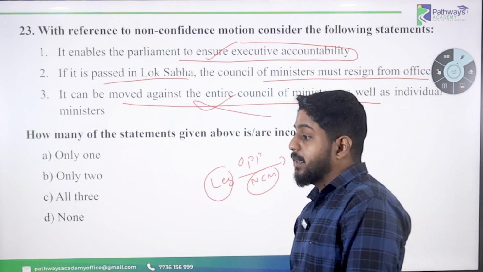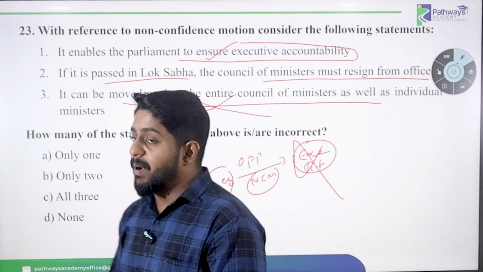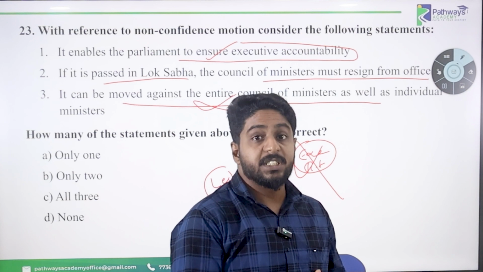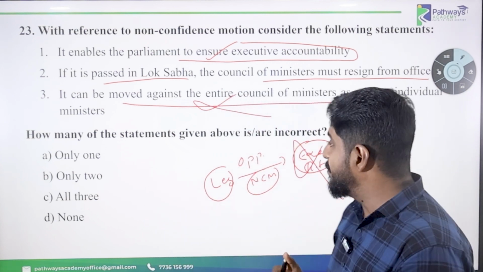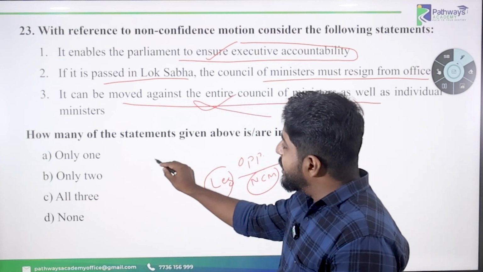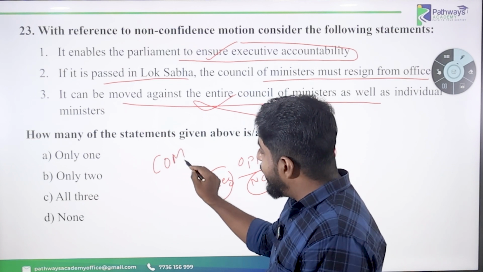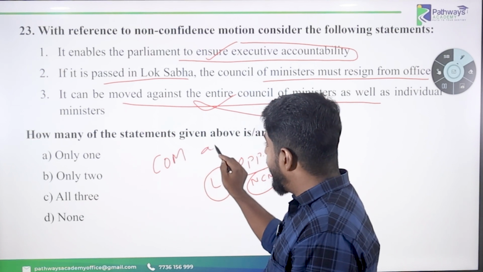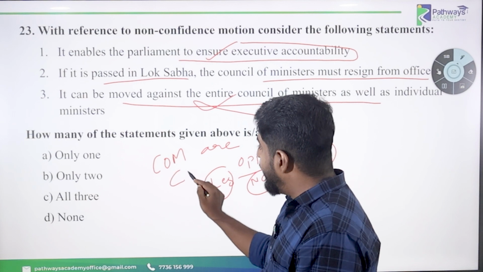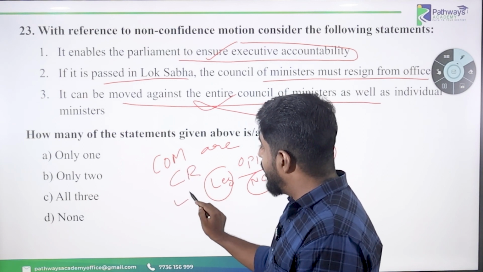There is a bedrock principle in the parliamentary form of government which is known as collective responsibility. Sir, the council of ministers are collectively responsible. Okay, the council of ministers are collectively responsible to Lok Sabha.